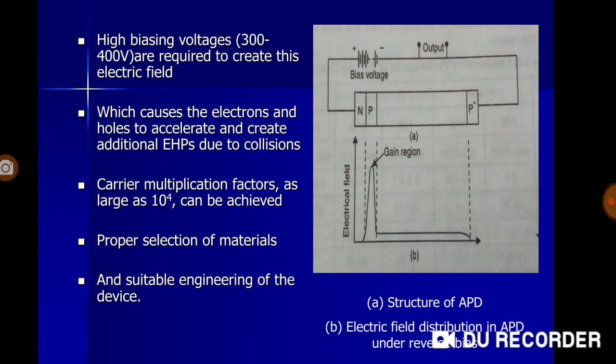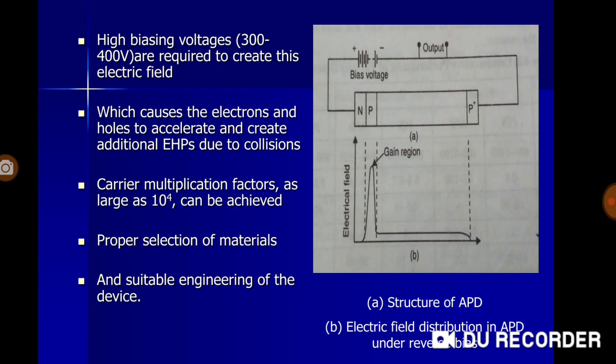It is a detector for which even a little trace of light will cause current to flow. But for this we need high biasing voltages, 300 to 400 volts, so that a high electric field is created. This high electric field causes the electrons and holes to accelerate and create additional electron hole pairs due to collisions.